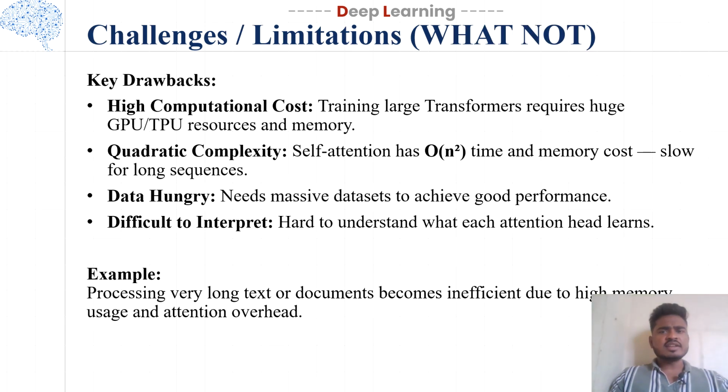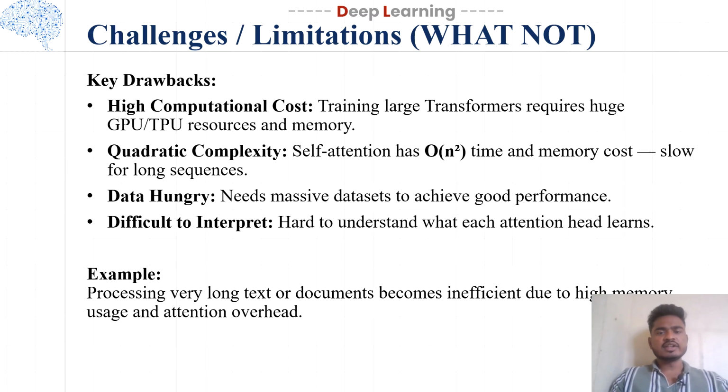There are some challenges and limitations of transformer architectures. Some key drawbacks: highly computational cost, meaning training large transformers requires huge GPU and TPU resources and memory, which costs a lot. Quadratic complexity: self-attention has O(n^2) time complexity, and memory cost is high for long sequences.